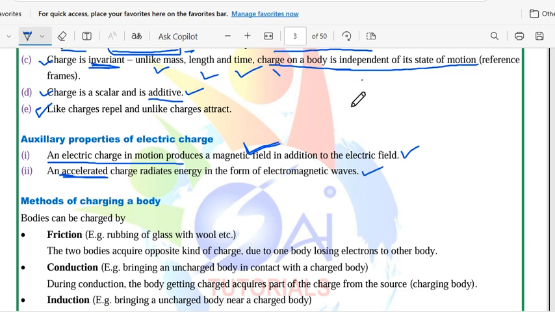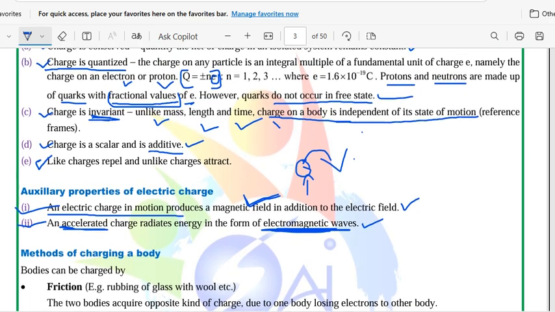In first PUC, in SSLC, or elsewhere. When a charge is accelerated, it radiates energy in the form of electromagnetic waves. These are the two auxiliary properties of electric charges.